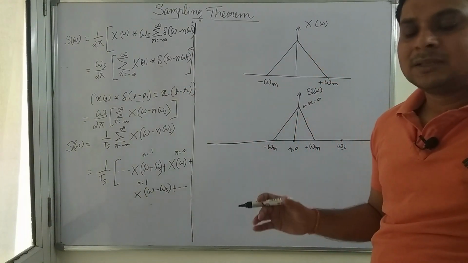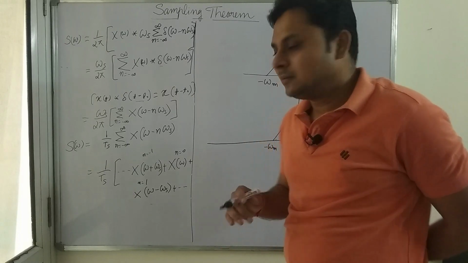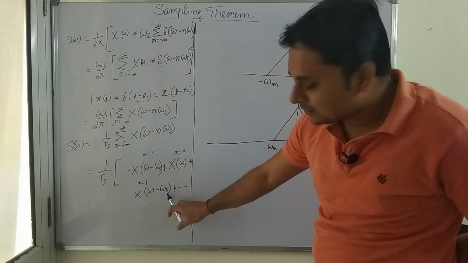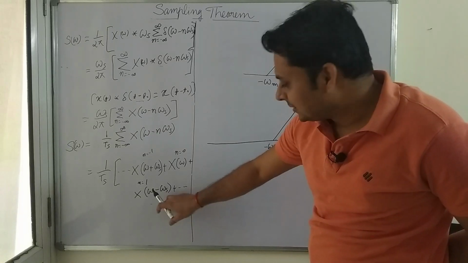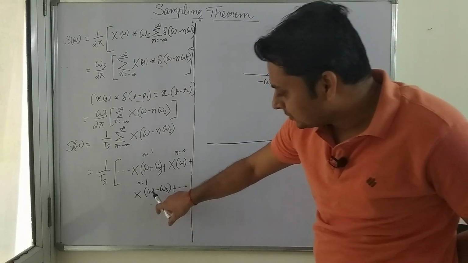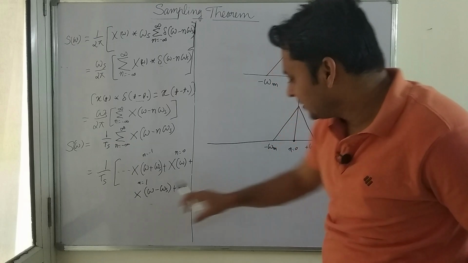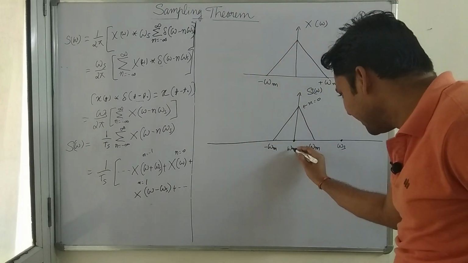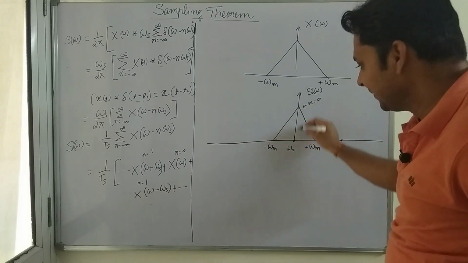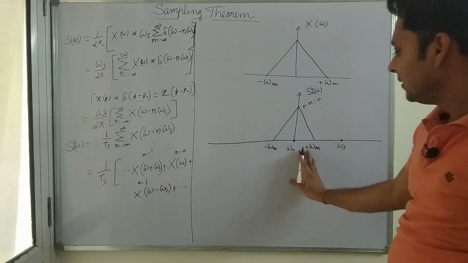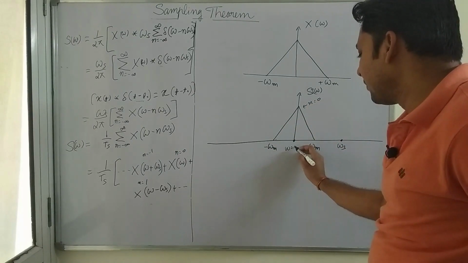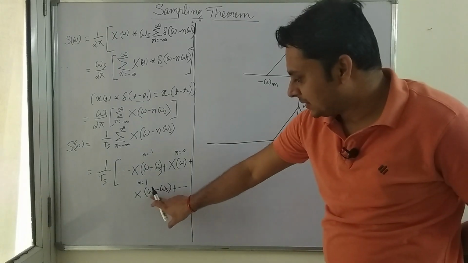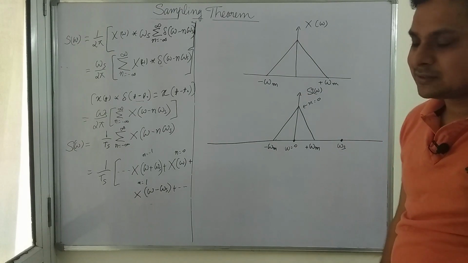If you study the time shift of a signal, then if a signal is subtracted by any constant time value, the signal is delayed by the same amount. This is occurring at omega equals 0, that center point, and it will come at omega s. What does it represent? X of omega minus omega s.